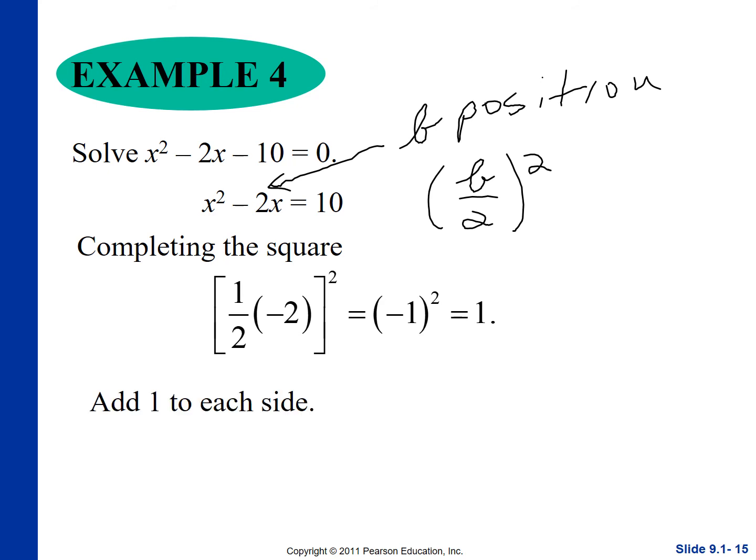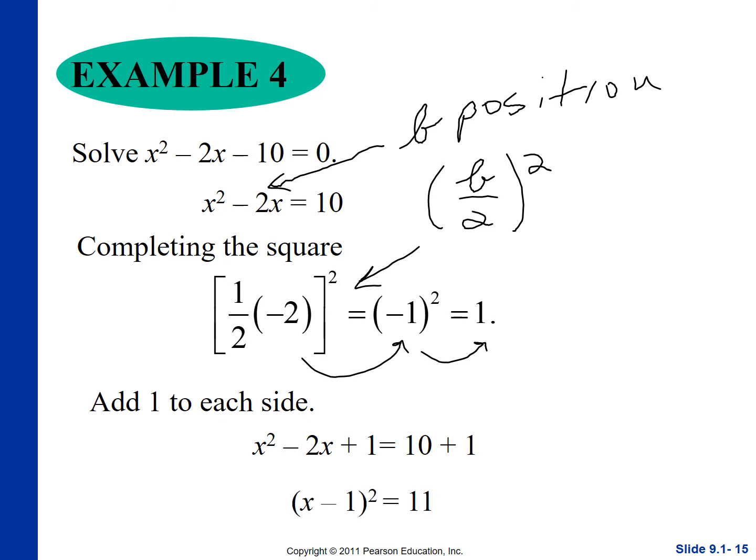So in this case, we plug into here, so negative 2 over 2, and then square that. Negative 2 over 2 is negative 1, and we square that, and we get positive 1. So we're going to add 1 to each side of this, and you end up with x squared minus 2x plus 1 equals 10 plus 1.